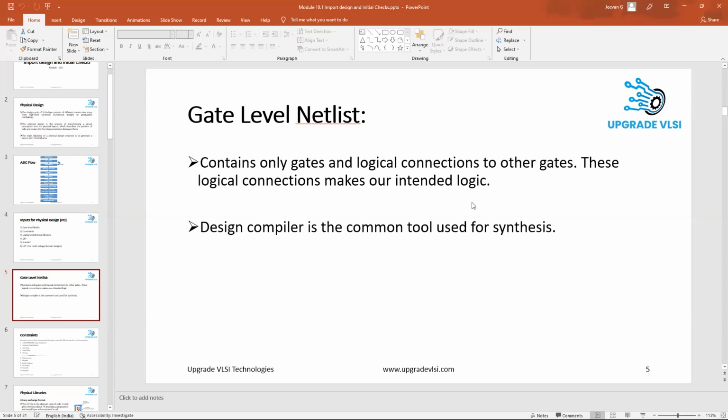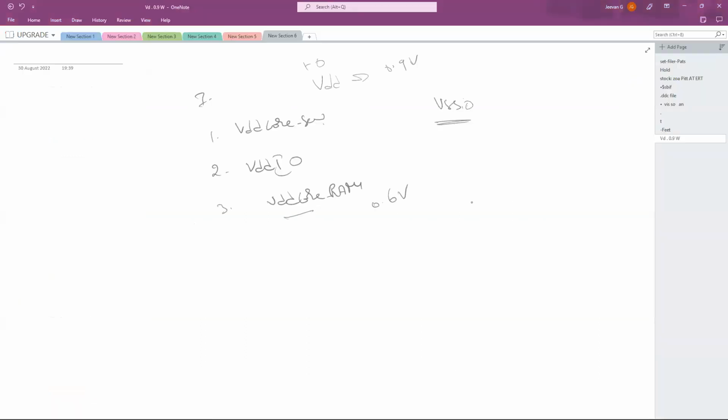What I'm trying to tell is, for example, you have one particular AND gate connected to some particular inverter. This is called one AND gate X1 and this is one NOT or INV X2.